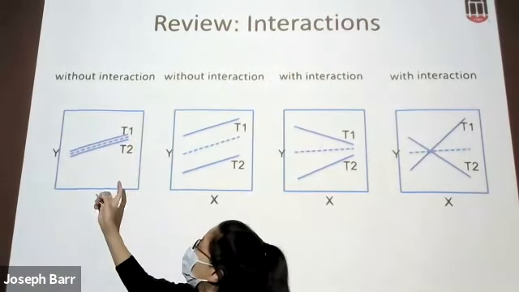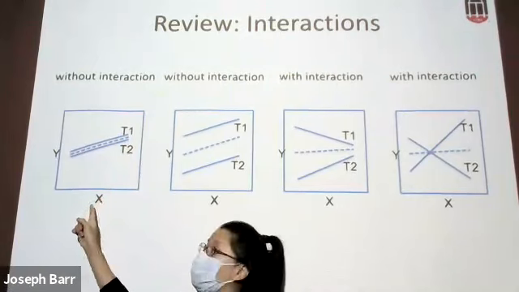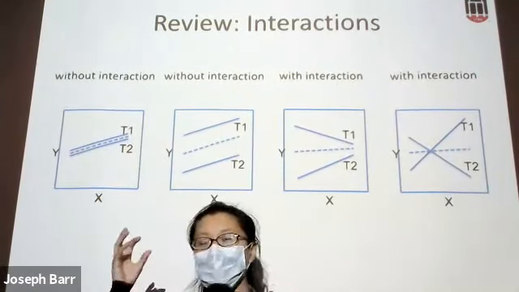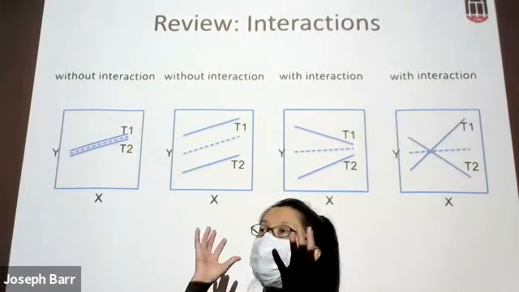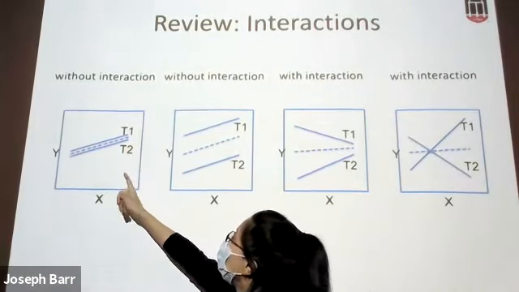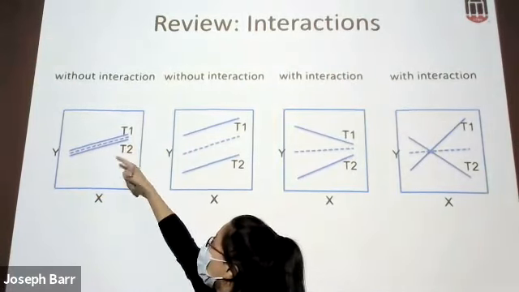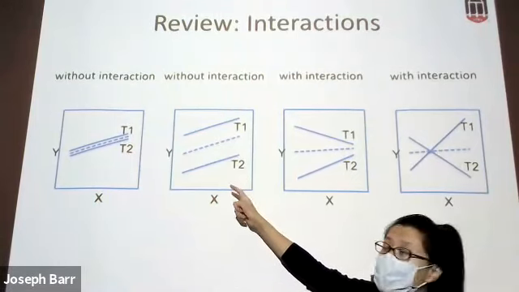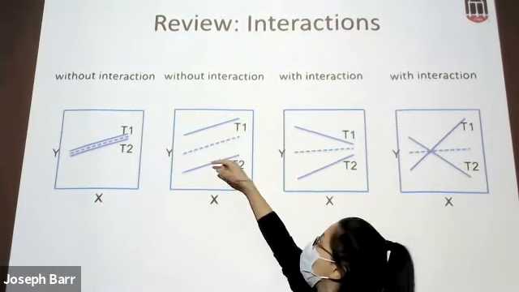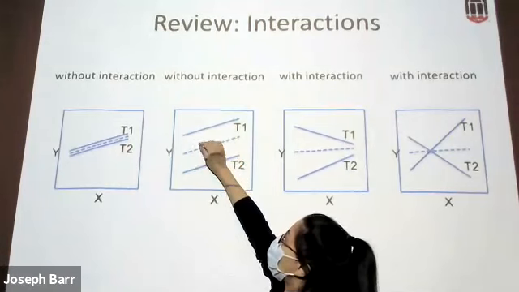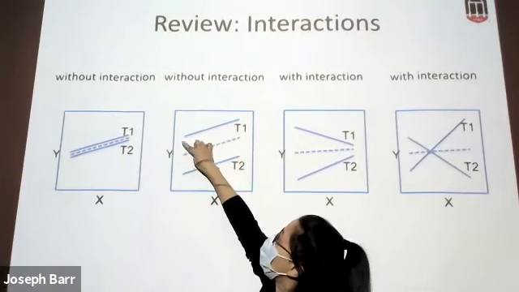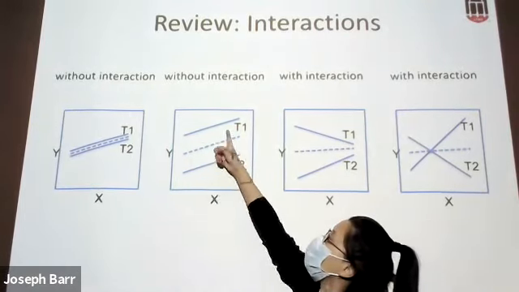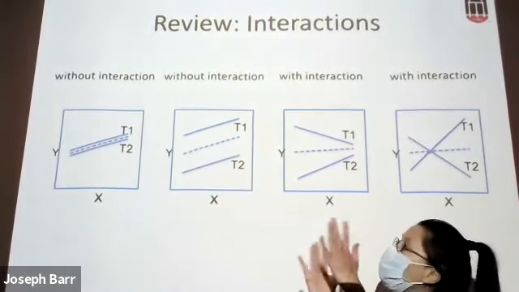In this case, there's no significant interaction term between X and T. Of course, there could be an interaction term, but it's not significant. Although this looks different, the original values might be different, but still look at the slopes. They are parallel to each other.